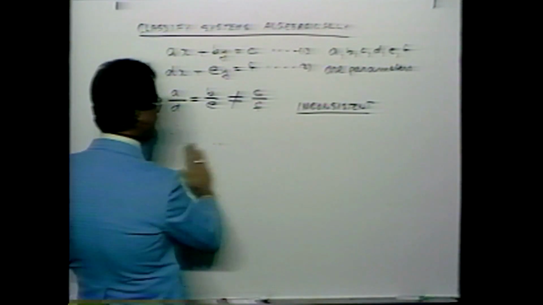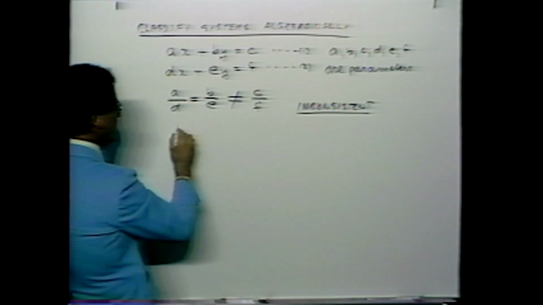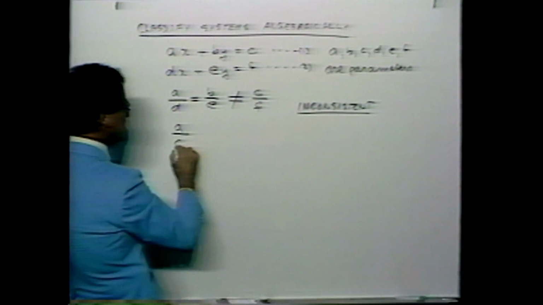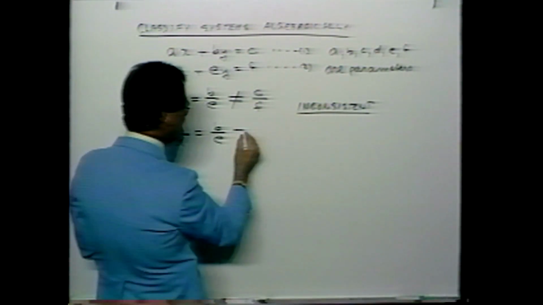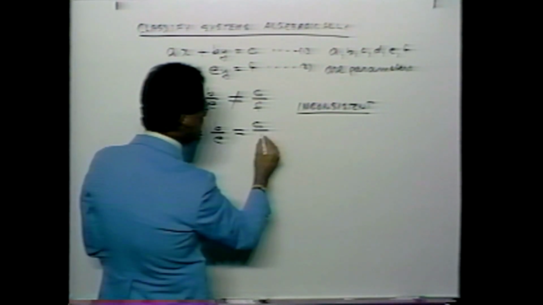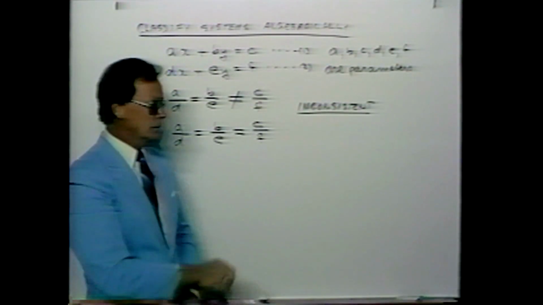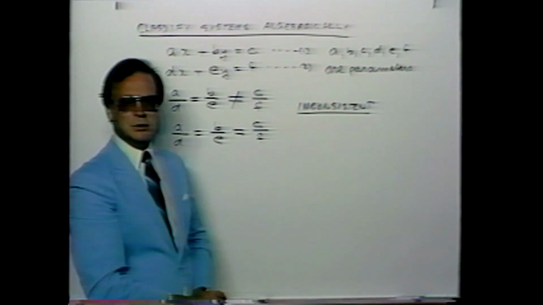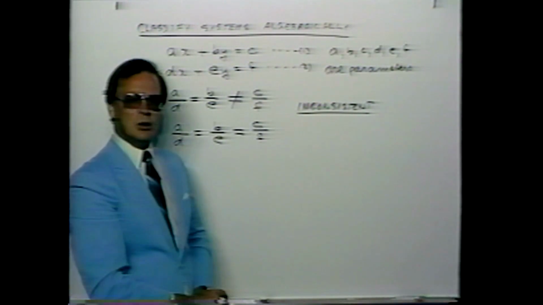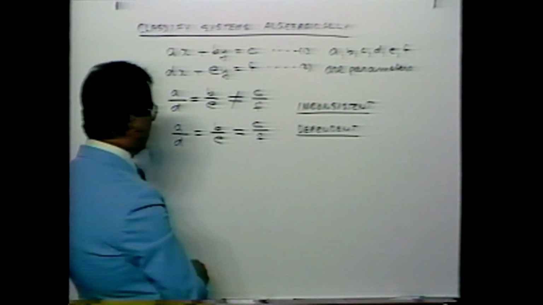Let's look at the other. If we have coefficients A over D equal to the coefficients B over E, but this time C over F equals the other ratios, this is where on the graph the two equations would have lines that are drawn one on top of the other, or the lines would coincide, and the number of solutions is infinite.